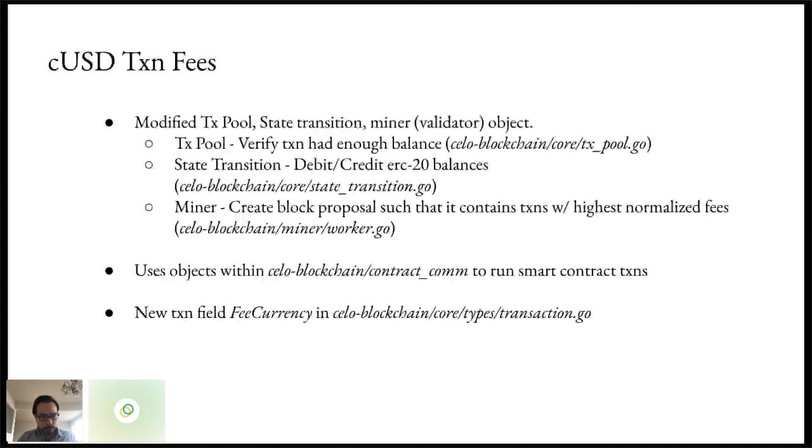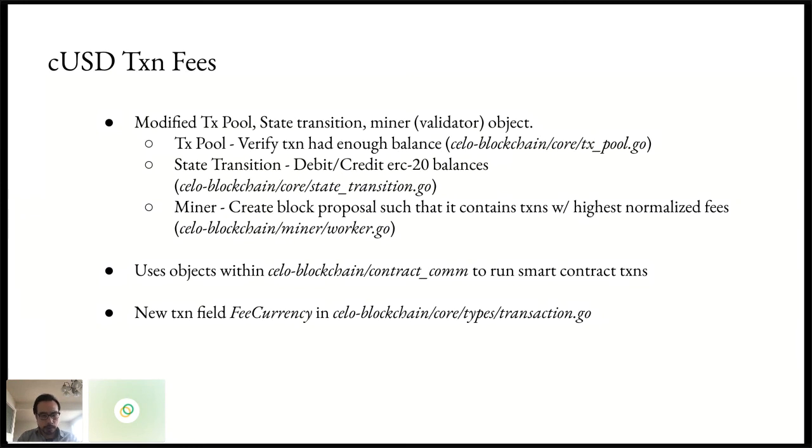That interface between the low-level blockchain client code and this layer 2 system smart contract code is all done within the objects in this contract comm folder. Going back to the CUSD transaction fee feature, it uses one of these contract comm objects to retrieve the exchange rate between Celo US dollar and Celo.